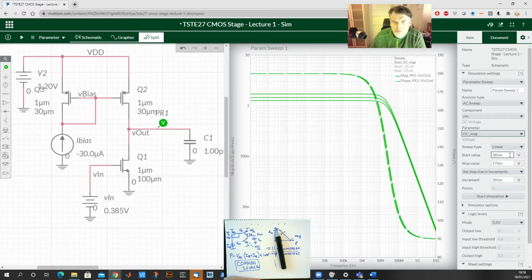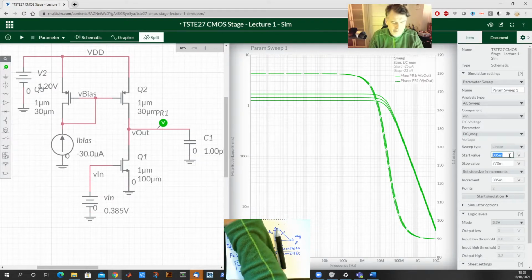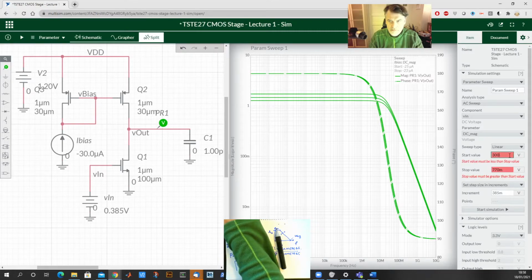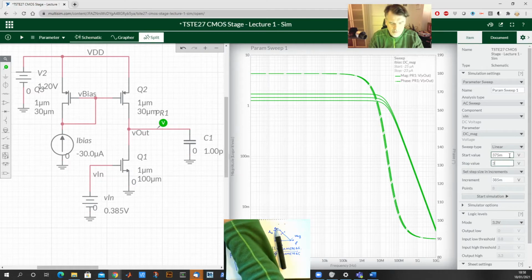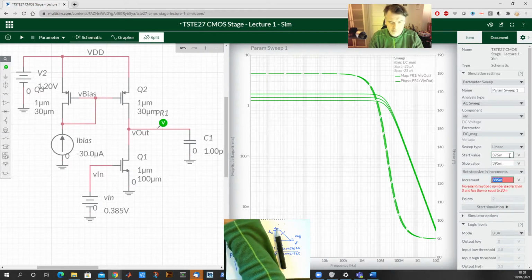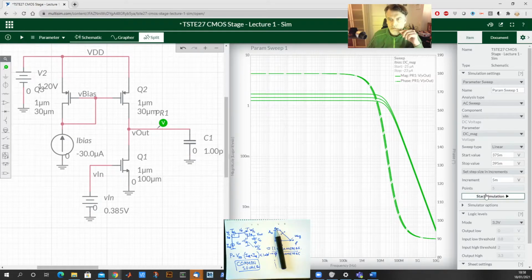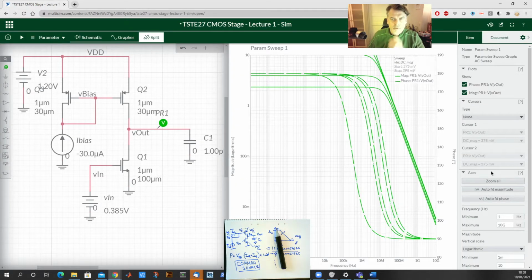And we want to do a linear sweep, for example, with small increments, from 375 millivolts to 395 millivolts, and a step of 5 millivolts. And then I do my iteration here.